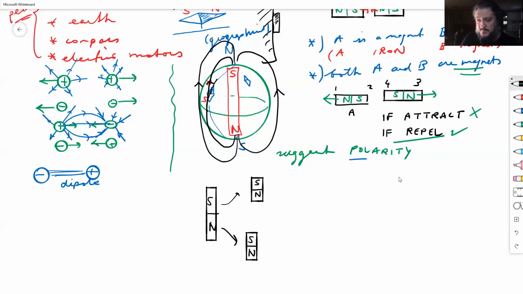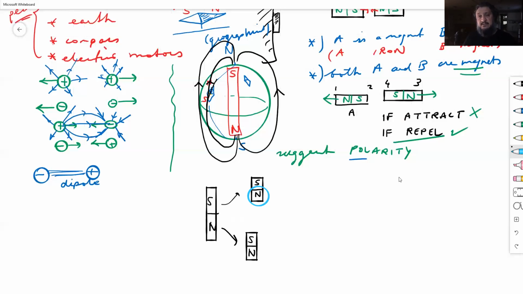And you can keep doing this process, try to break it into smaller and smaller parts. You will never be able to obtain a single charge by itself. Let's say you can never take this north pole apart from the south, as you would be able to do in the case of electric fields and electric charges. You can never do that. You will always get smaller and smaller magnets. For that reason, the magnetic field lines will never be from one point to another.